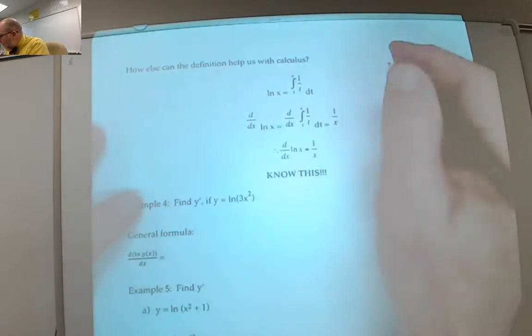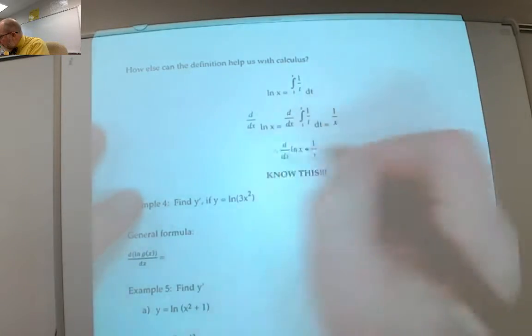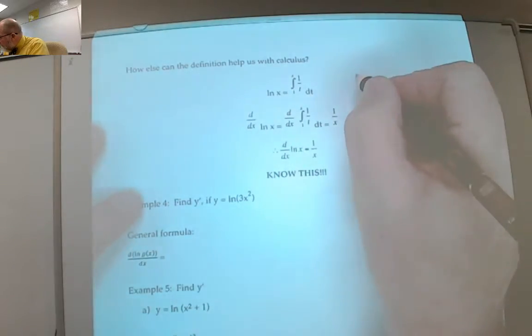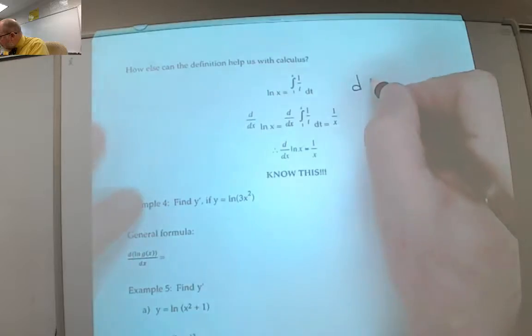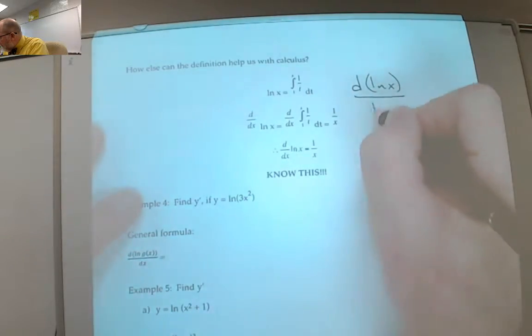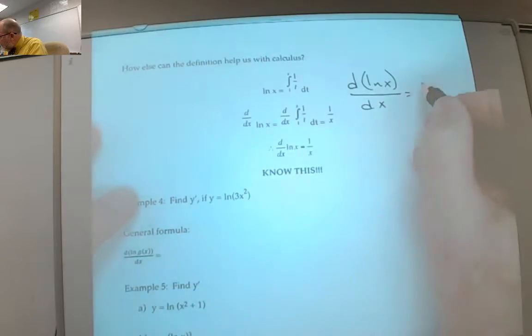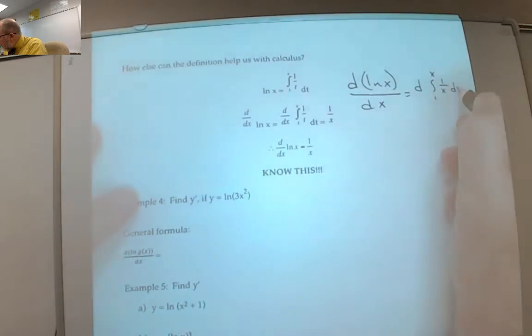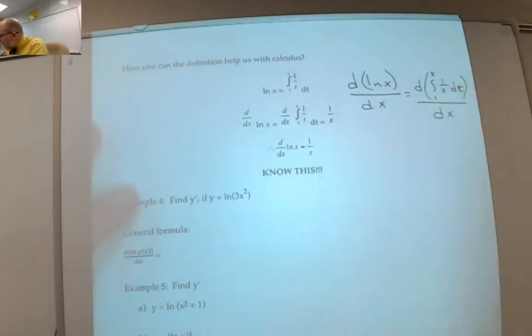So I'm taking the derivative of the natural log of x dx, which means I'm going to take the derivative of this integral that goes from 1 to x, 1 over t dt, with respect to x.